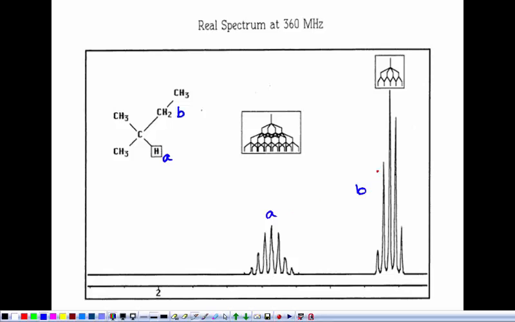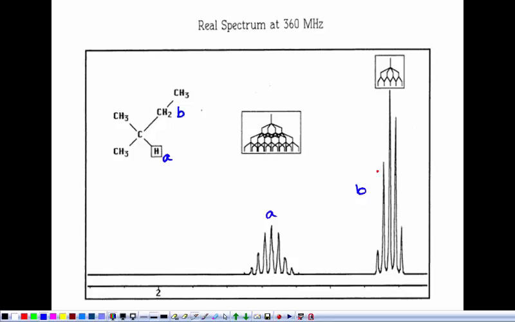The A hydrogen has 3, 6, 8 neighbors, and the B has 3 plus 1, so 4 neighbors. It would be a 9-peak pattern and a 5-peak pattern, and that pretty much matches up. You can see you have nice, clean patterns. But the chemical shift difference here is pretty small. This spectrum only goes from 1 to 2 parts per million. So this peak is about 1.7 and the other one's probably about 1.5. They're really, really close.